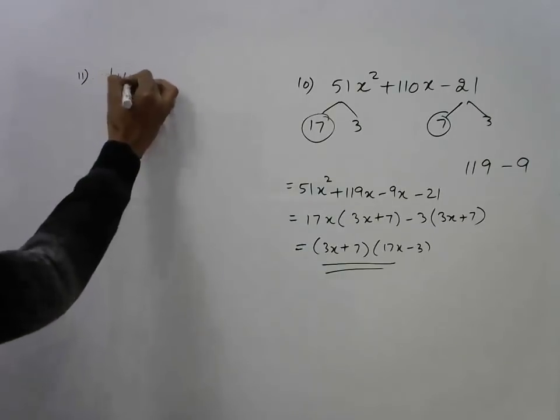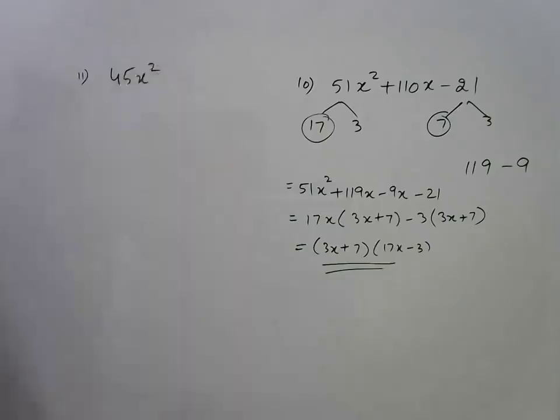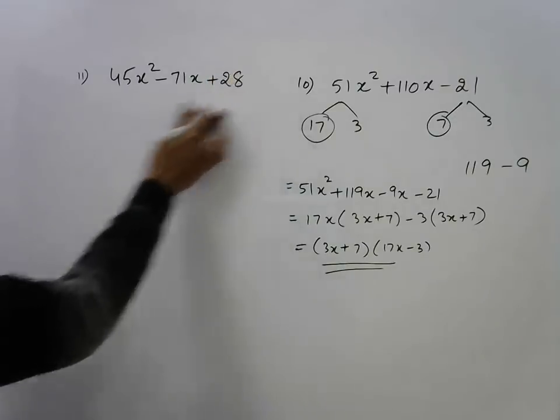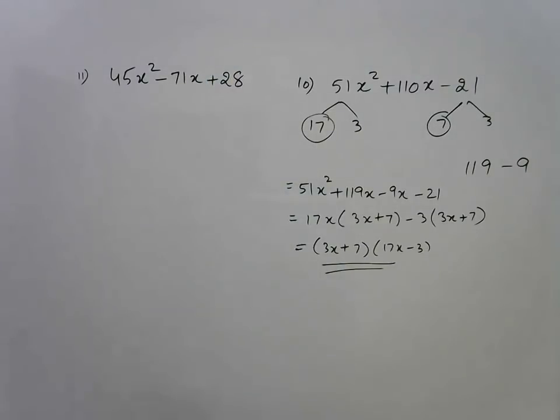This is 45x square minus 71x plus 28. Fine. Again, not an easy one, friends. Just try not to commit an error. Try not to commit an error, friends.